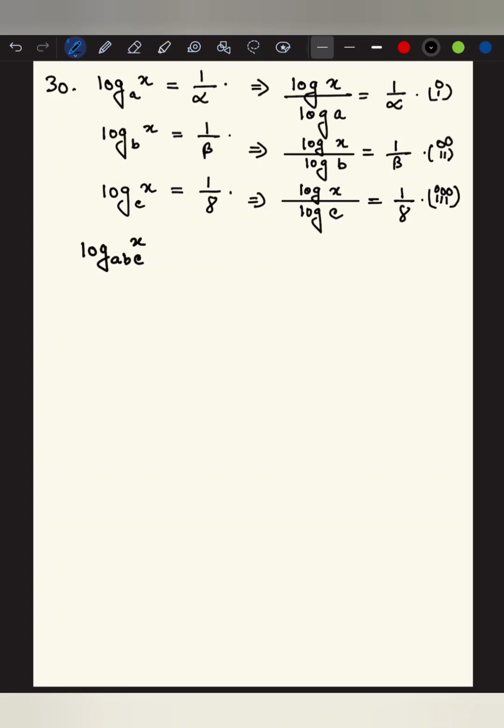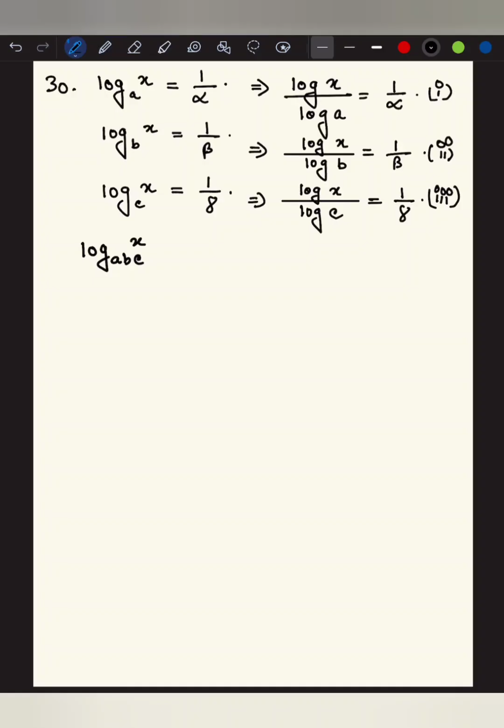So first of all, log x base A equals 1 by alpha. That means we can say that log x by log A equals 1 by alpha. Log x base B equals 1 by beta. Therefore, log x by log B equals 1 by beta. And log x base C equals 1 by gamma. Therefore, log x by log C equals 1 by gamma.